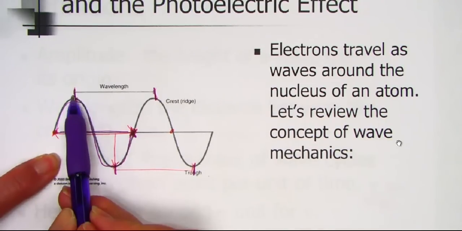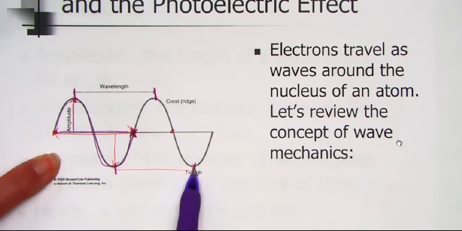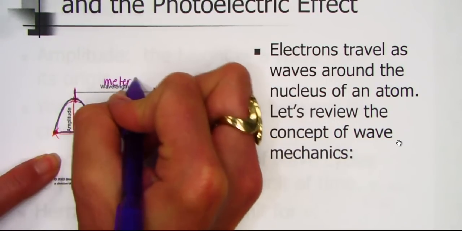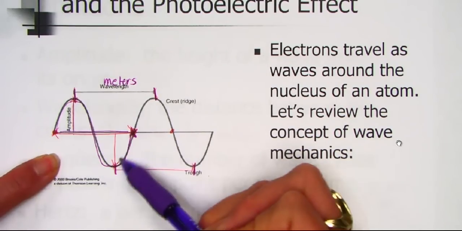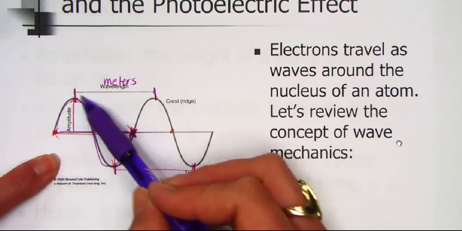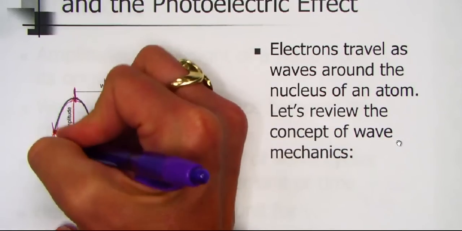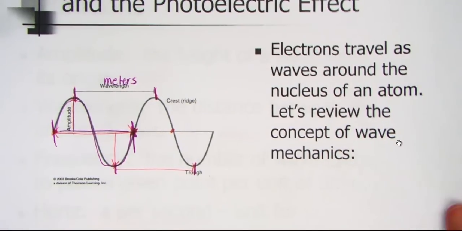The wavelength is the distance from crest to crest or trough to trough, typically measured in meters. And a frequency is how long this wave takes to complete one cycle. From here to here is the completion of one cycle.